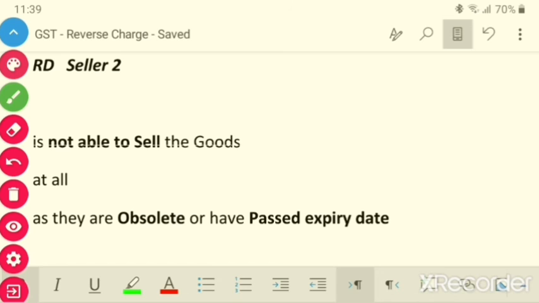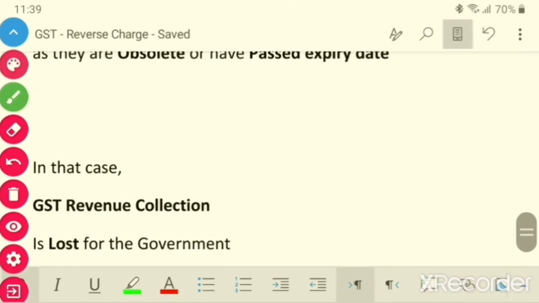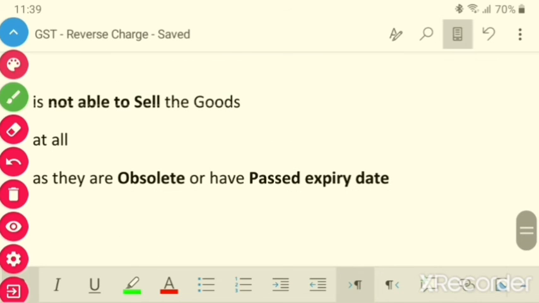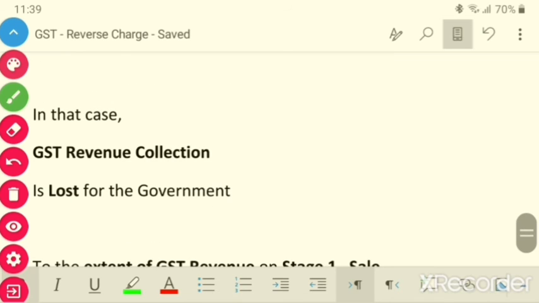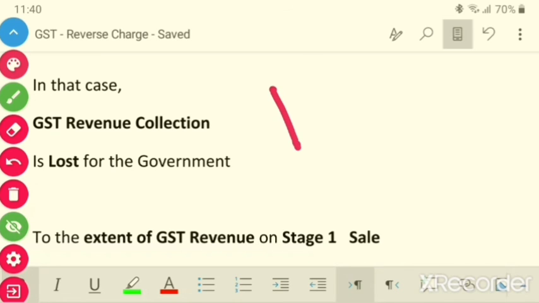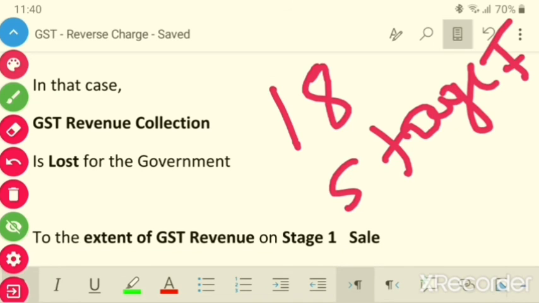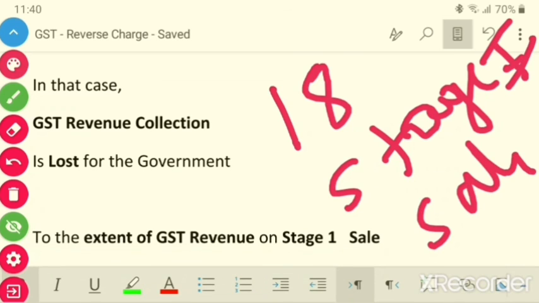Suppose reverse charge is not levied, what happens? The stage 2 seller will not be able to sell obsolete goods or goods which are past expiry date. So, whatever revenue related to stage 1 sale, that is rupees 18, is lost to the government. To avoid such a situation, reverse charge is levied and collected.